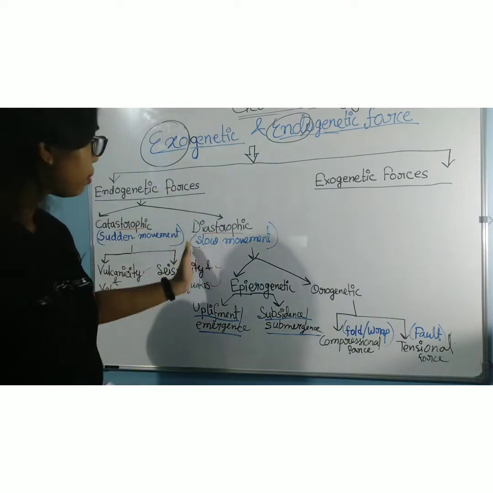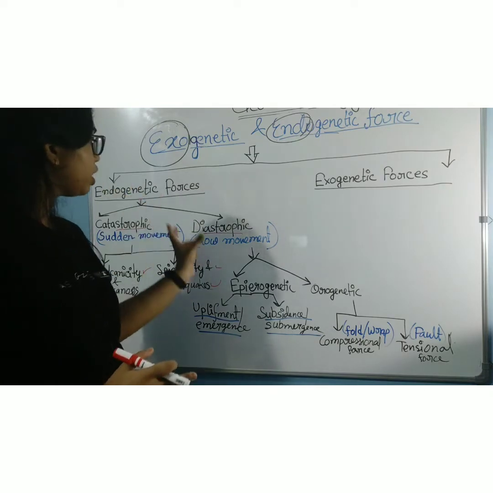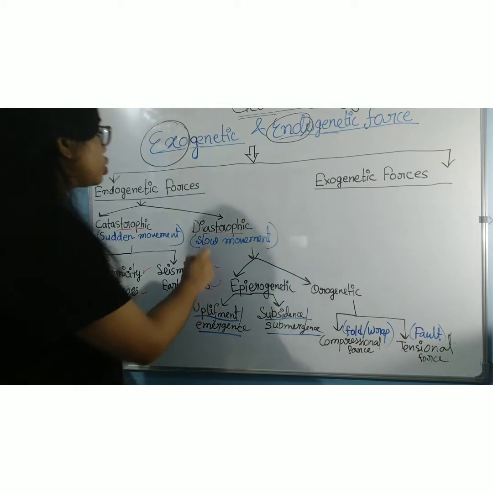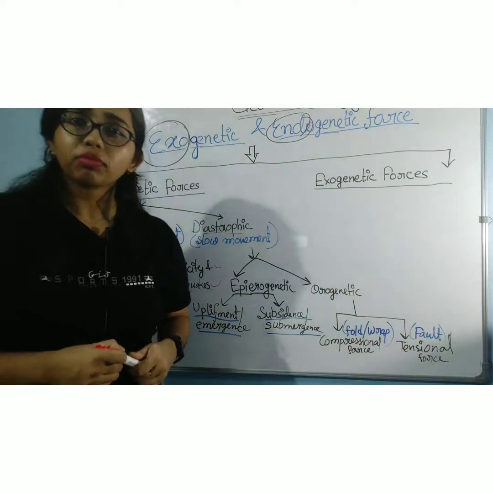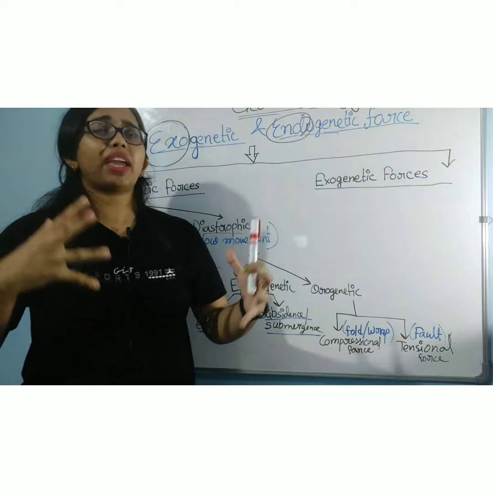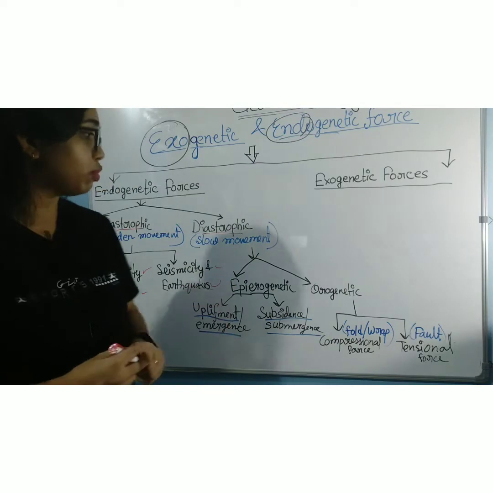If I'm talking about diastrophic force, this is also an endogenetic force which comes from the internal portion of the earth. That is a very slow movement. Many years are responsible for this kind of movement.